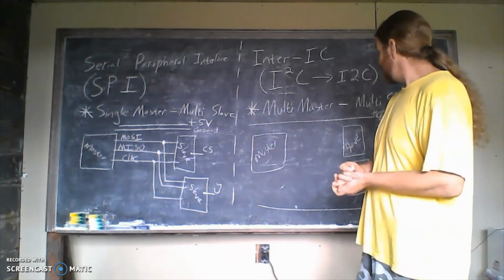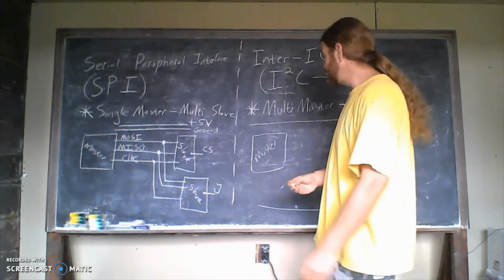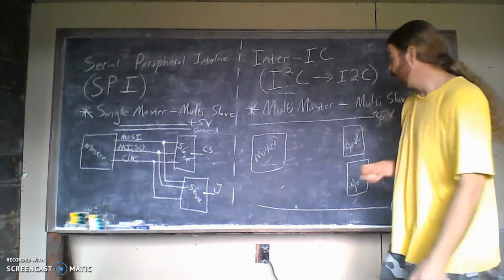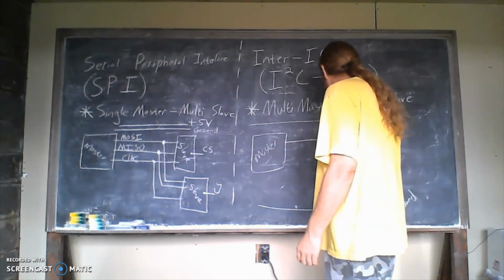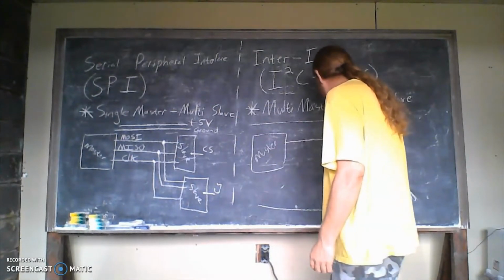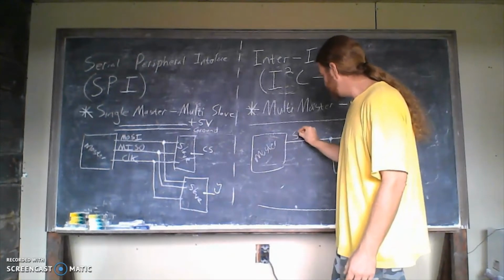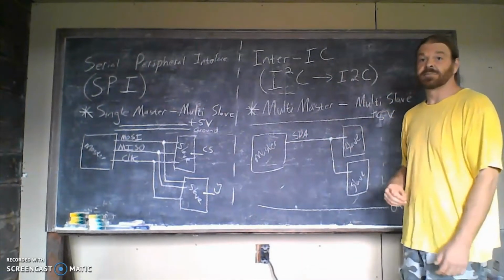So in I2C communication, we'll have 2 lines to worry about. Well, 4 if we count our voltage and ground. But coming from the master to each one of the slaves, our first line is SDA, and that's going to be our serial data line.